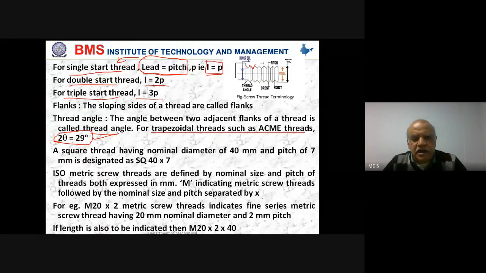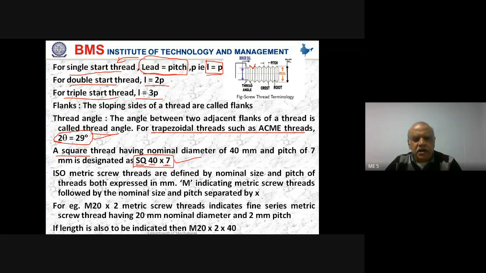And a square thread represented as SQ40 by 7 means it is a square thread of 40 mm nominal diameter and a pitch of 7 millimeter. This is the designation of a square thread.